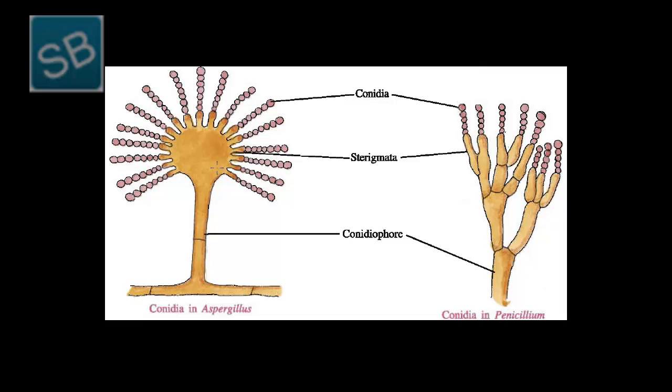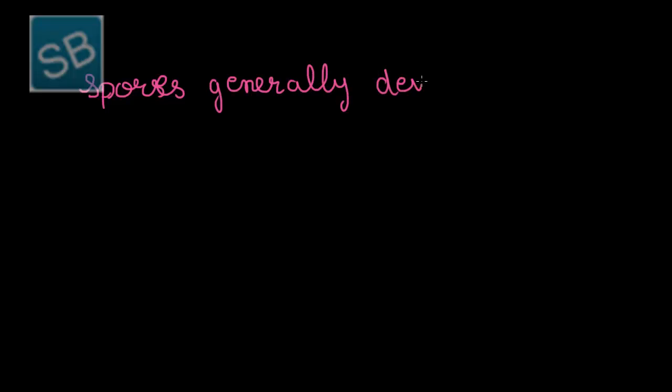This figure depicts the formation of conidia in Aspergillus and that in Penicillium. As it can be seen from the figure, these conidiophores are the base on which conidia arise, and sterigmata is the tip from which these conidia arise and get swelled, resulting in the formation of a new individual. Spores, whether zoospores or conidia, generally develop from the sporophyte.